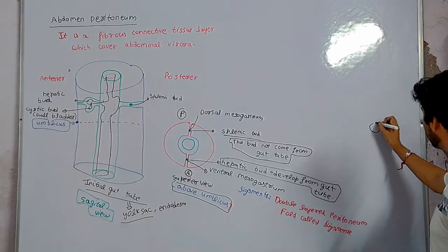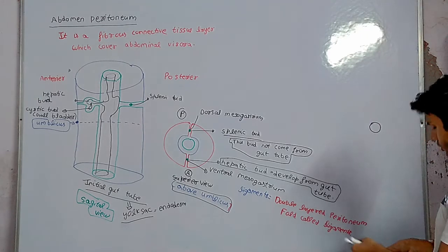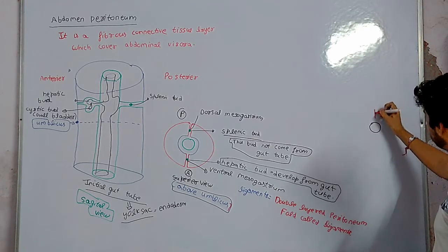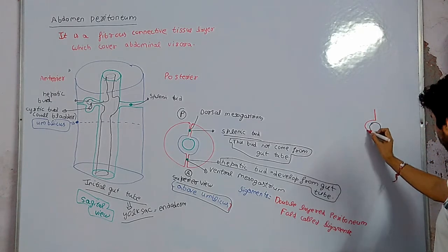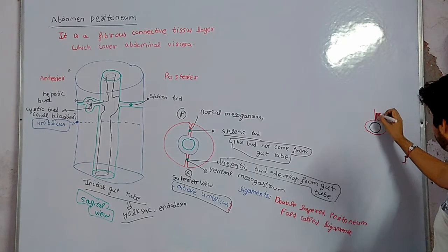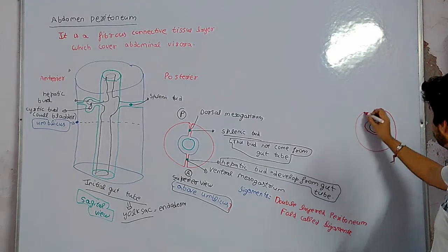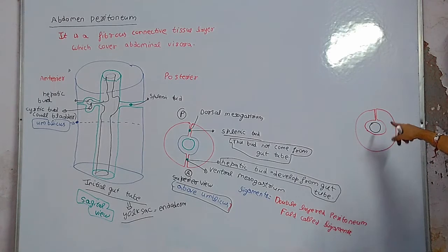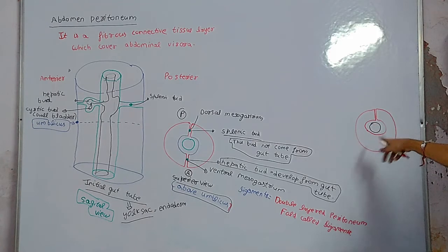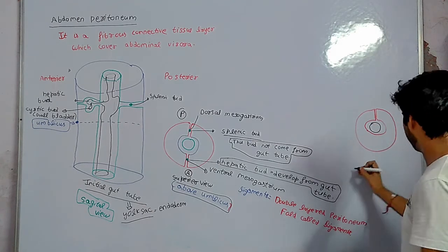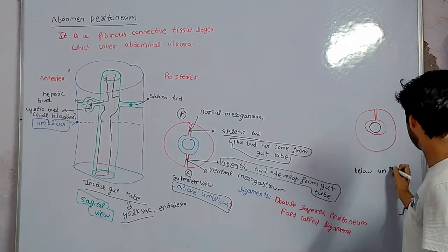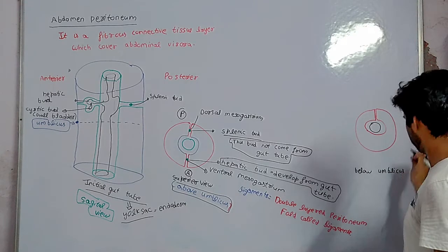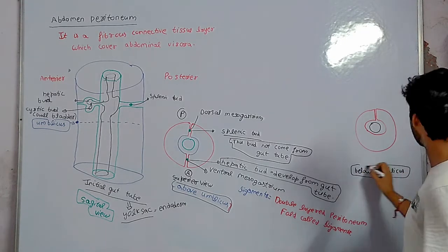Let's say this is the gut tube again. This is the level below the umbilicus, but remember an important thing: there is no ventral mesogastrium present below the umbilicus.